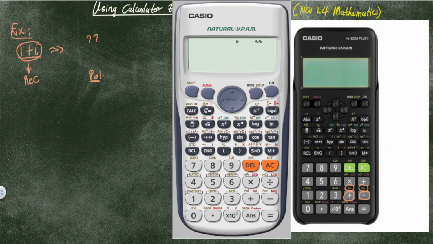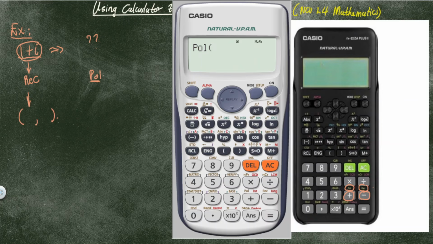So how do we punch this on the calculator? We say shift, then we press pol, polar form. What the functionality does is take whatever is inside the bracket and convert it to a polar form. The polar form, we know, in the context of an ordered pair, right?